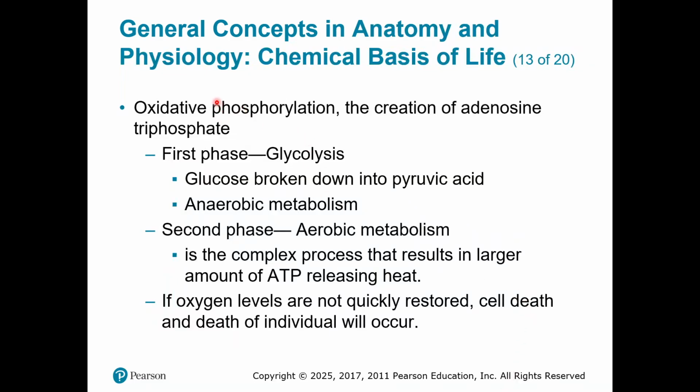This is talking about something known as the Krebs cycle. I don't think we have to get that crazy with this. As long as you understand when we talk about aerobic and anaerobic metabolism, the first phase of that process, remember you have oxygen comes into the cell and finds glucose, and then that glucose is broken down into pyruvic acid.